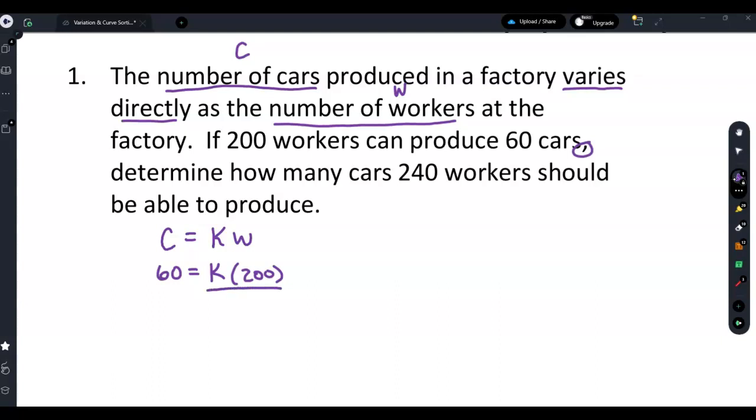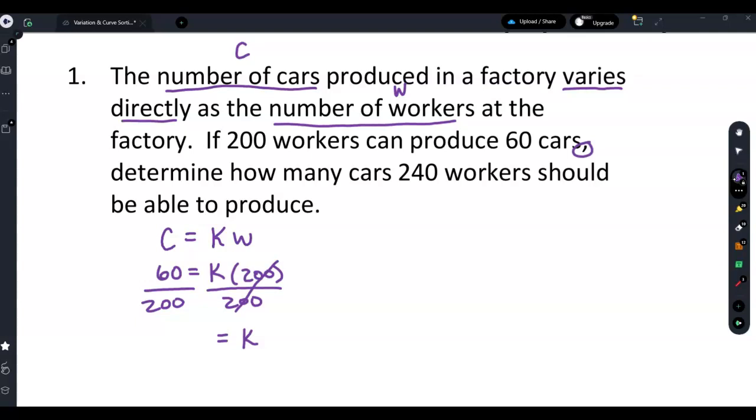Since I'm multiplying by 200, I could get rid of that by doing the opposite, dividing both sides by 200. And then we could do 60 divided by 200. If you get a calculator, you could just get a decimal for that. If that decimal does not terminate, so if it repeats or if it's just really long and you have to round it, don't round it.